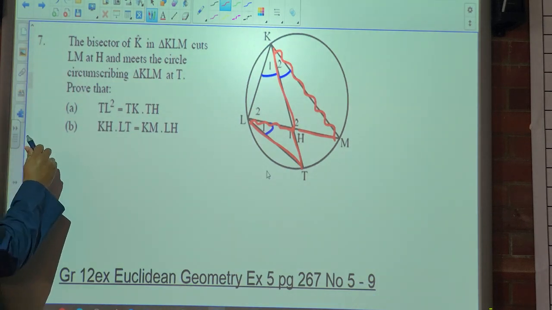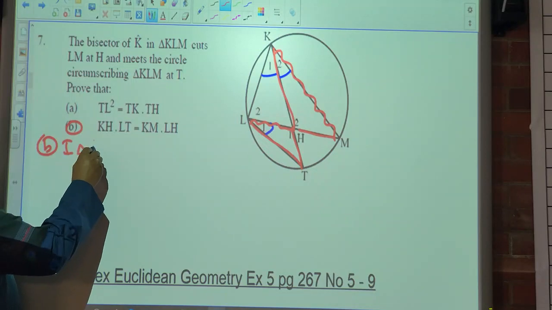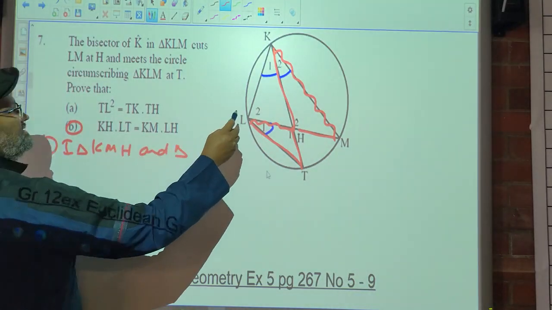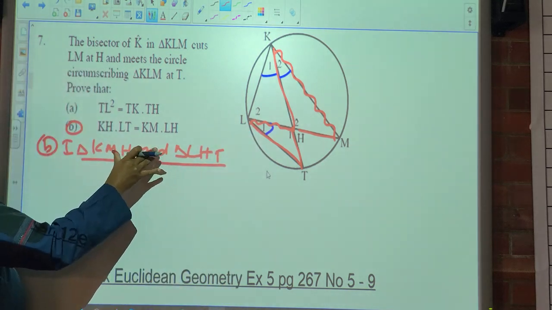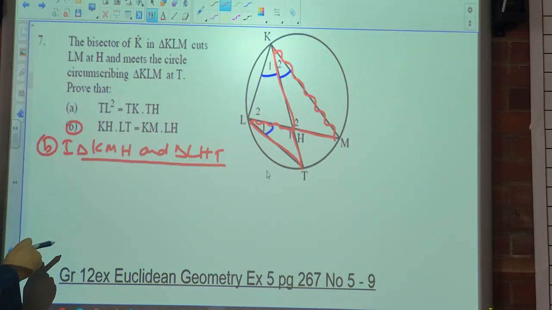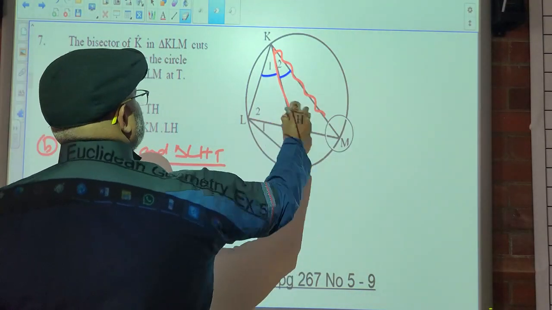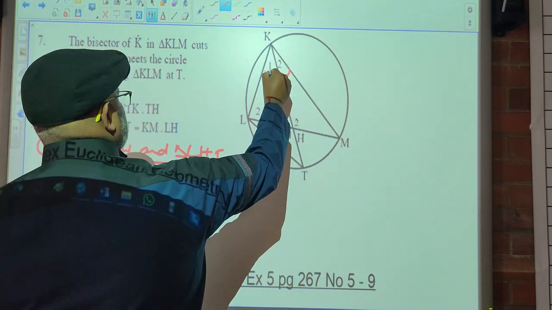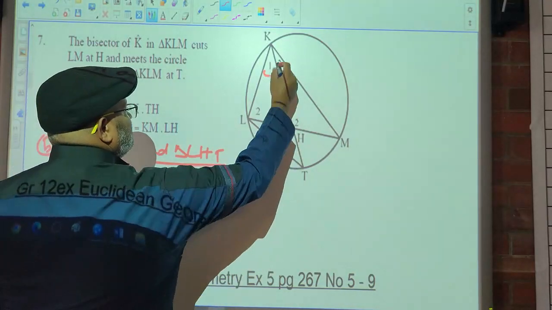So which triangles are we working with? It's in triangle KMH and triangle LHT. Again, this is I'm sure not in the right order, but in conclusion, it must be in the right order, okay? To mark it again, those angles were already marked equal. Right, so in the two triangles, what can we say?